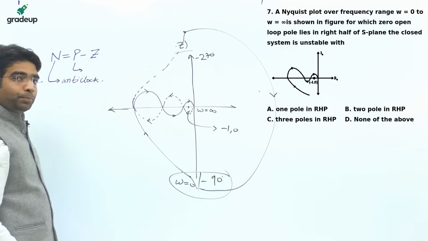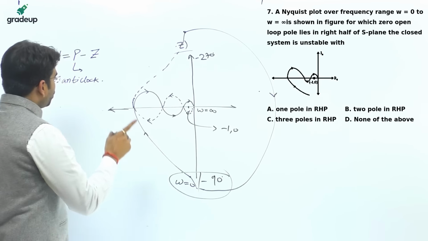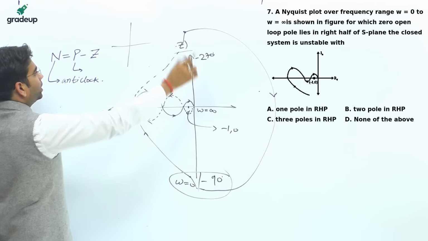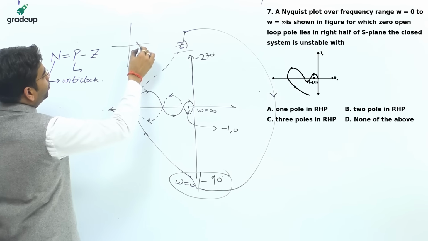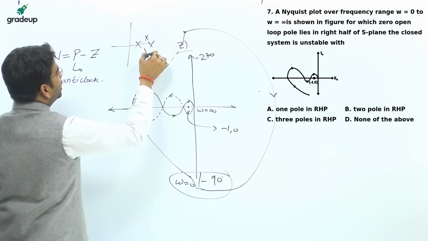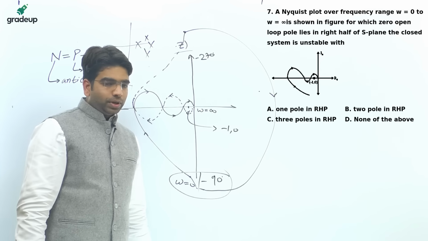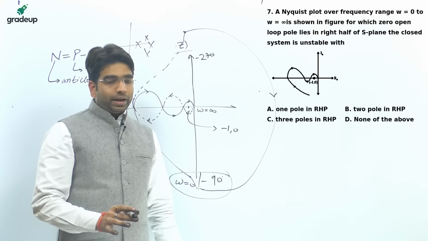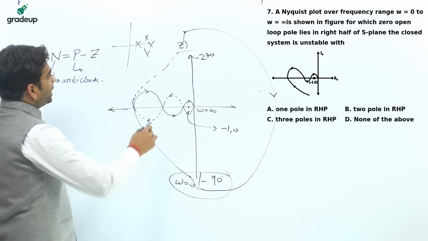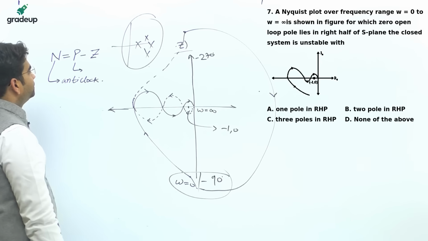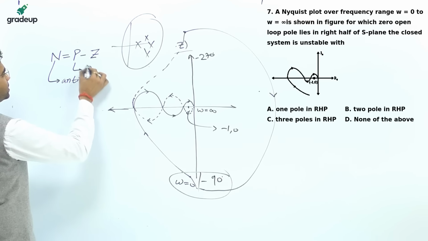P is the number of open loop poles on the right half of the S-plane. If the equation is given to you, then the number of poles that were on the right half of the S-plane. In this question which is given to us, it is showing that 0 open loop poles lie on the right side, so P is 0.